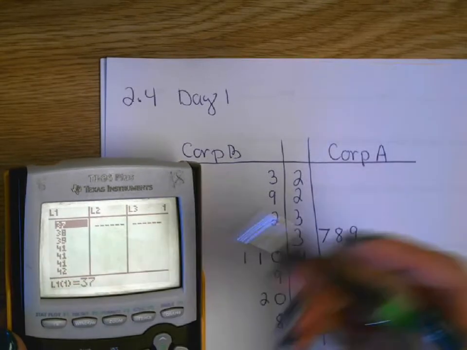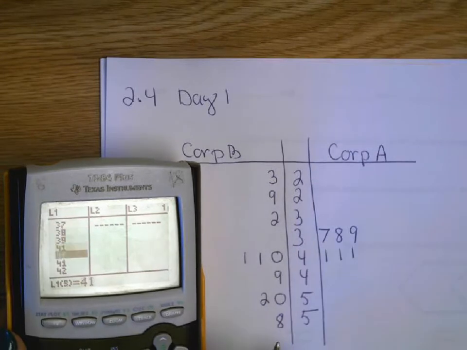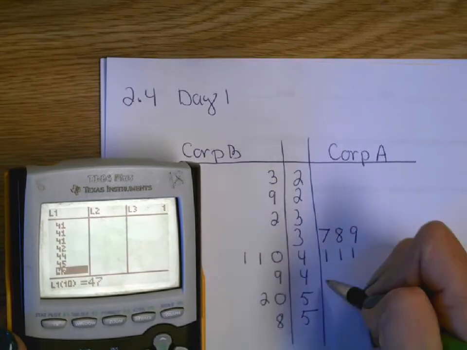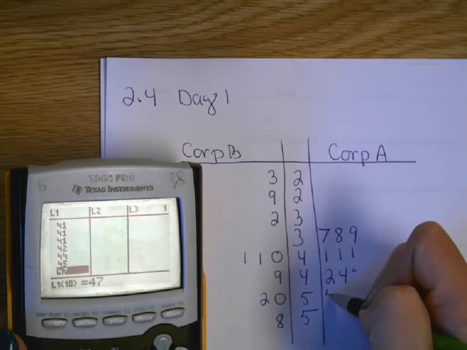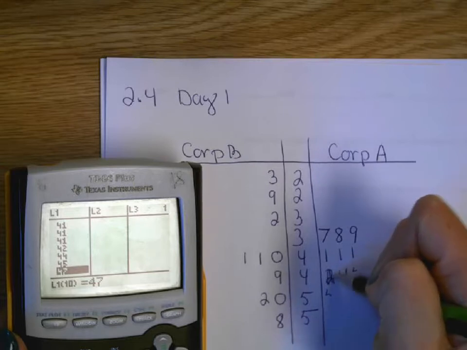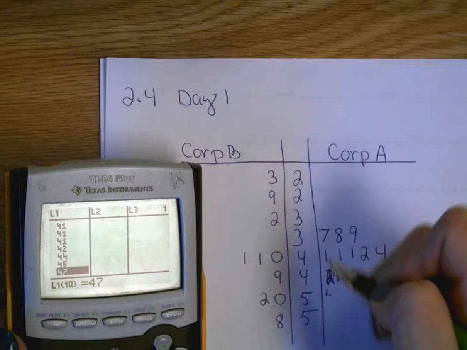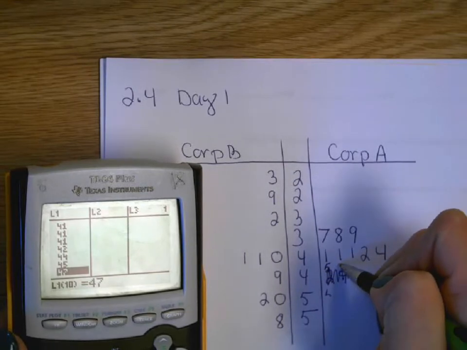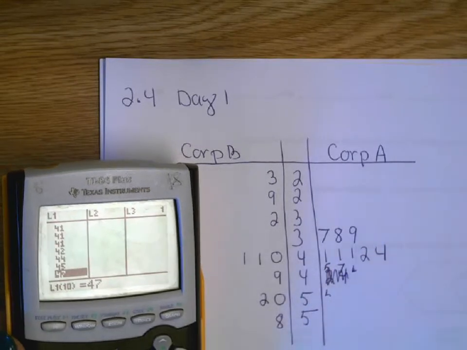Looks like 3 41s. 42, 44, 45, 47, and that's our last one.